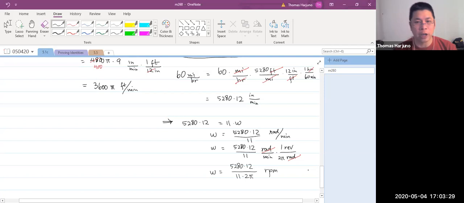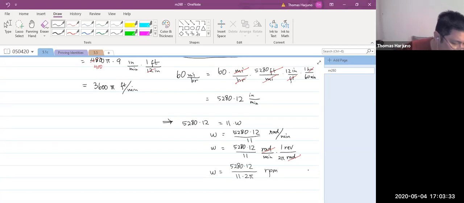Then you can use your calculator. Let me use my calculator: 5,280 times 12 divided by 11 divided by 2 pi.